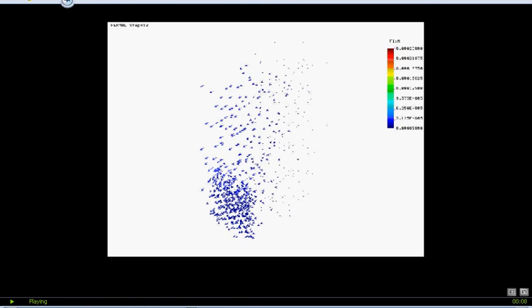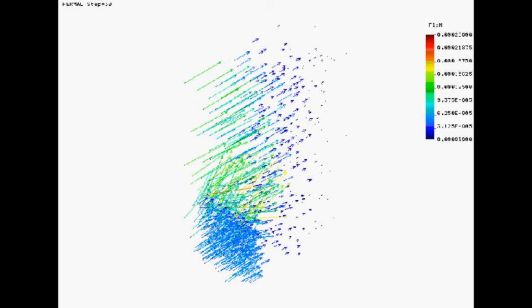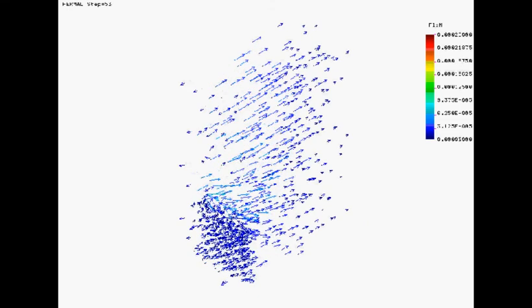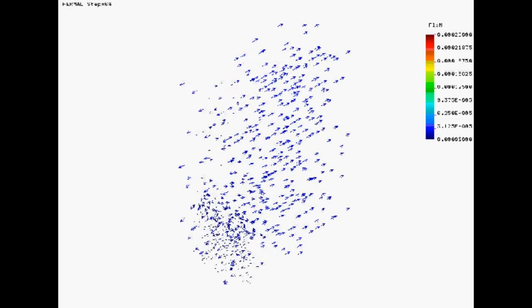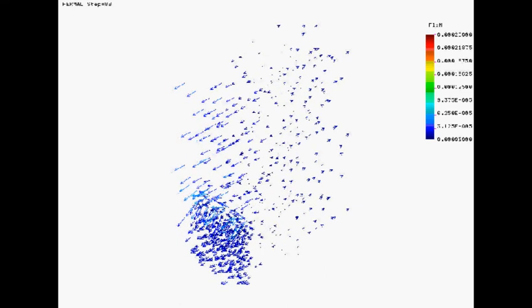You can also look at a vector representation of the flux rather than just the temperature, and that's what I'll show you now. Exactly the same simulation results, but now plotting flux. This doesn't have the timestamps on it, but it's running at the same speed. You can see as the sun comes up, there's a lot more action, and down in this area, the heat is going up and over, rather than straight through as it's going in the other areas.